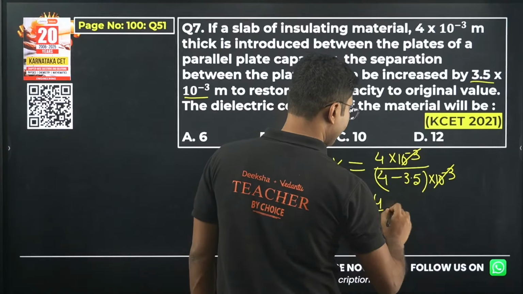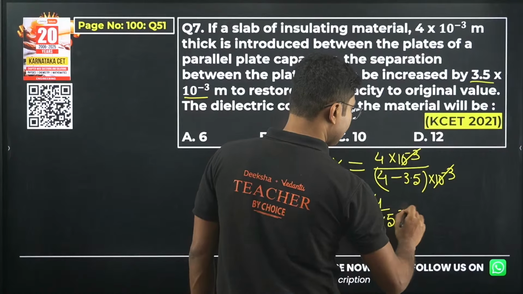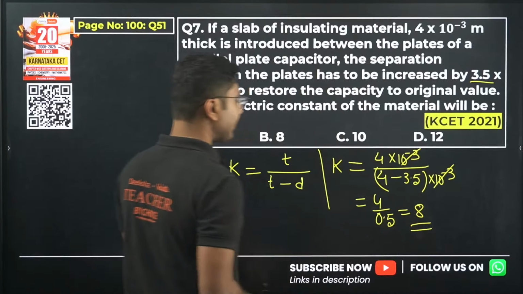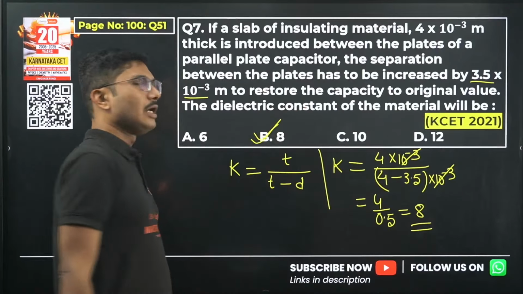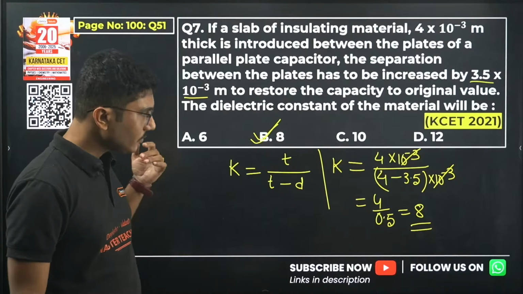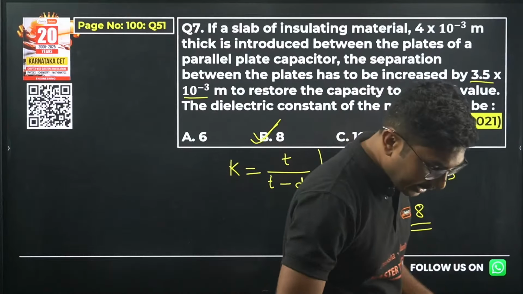So you get 4 divided by 0.5, which equals 8. So the dielectric constant is 8, and dielectric constant is a dimensionless quantity.